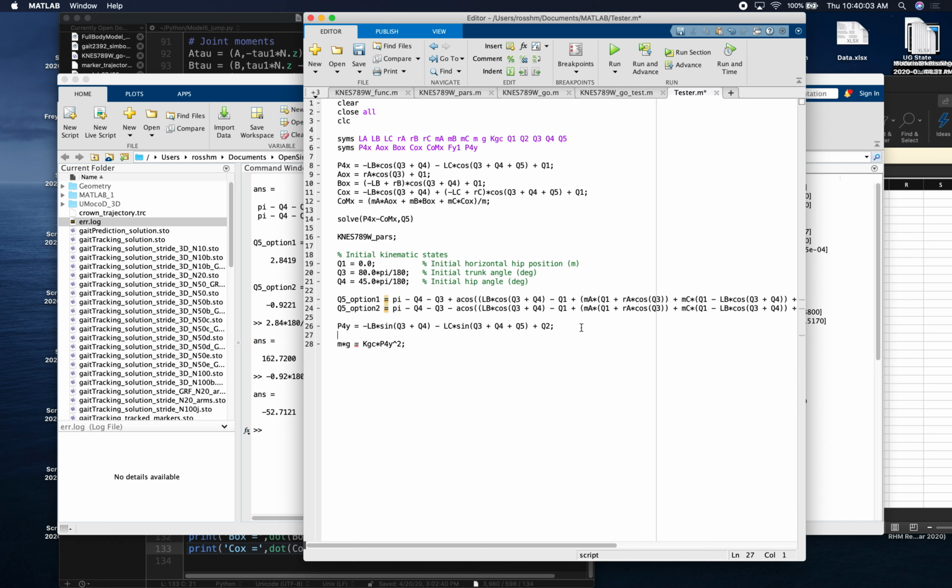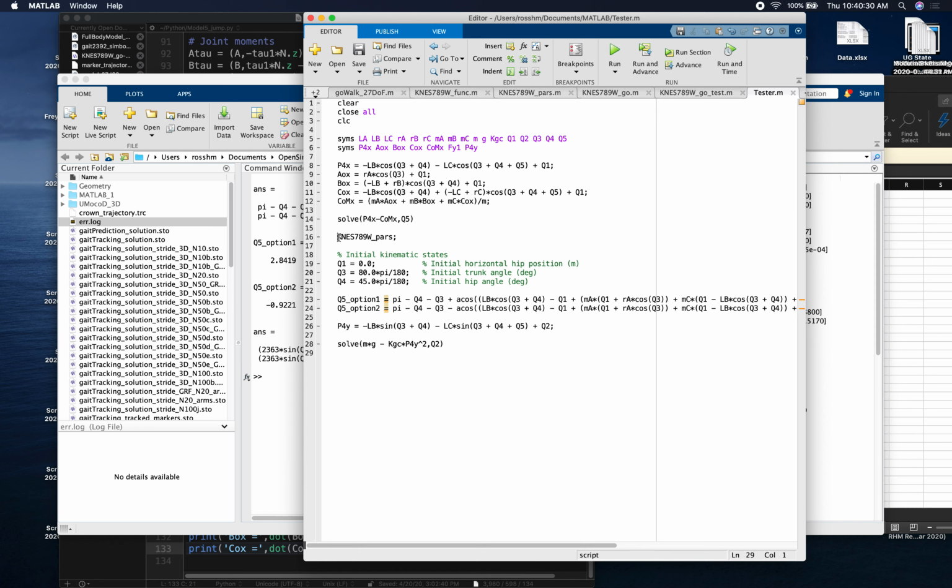So let's now solve that expression there. I'm going to say mg minus kgc times P4y raised to the 2. And I want to solve that expression for Q2. And let's run that and see what we get here in our workspace, our command window.